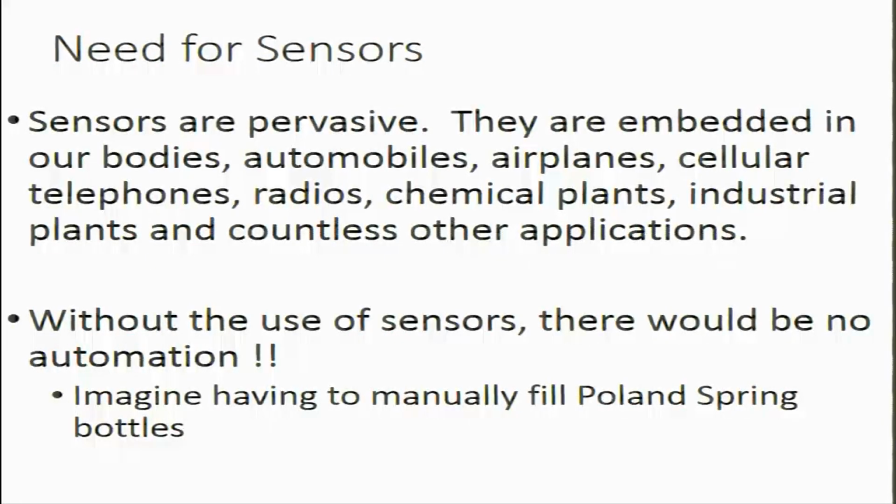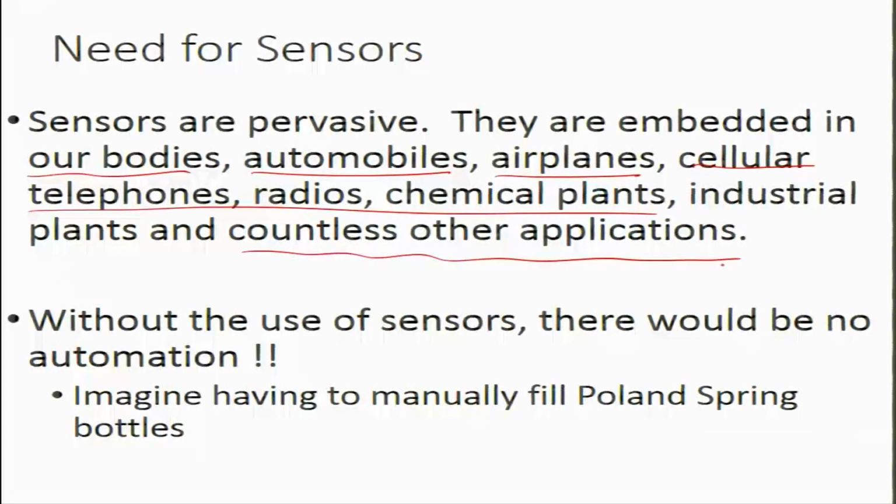The need for sensors is quite pervasive. Today, if you look all around you, there are so many different aspects in which sensors are needed. Sensors are within human bodies, automotives, intelligent systems, airplanes, cellular phones, radios, chemical plants, industrial plants. The domain is so vast that it's almost countless. There is a need for sensors at almost all steps to safeguard, to protect, to make sure that systems are within control.